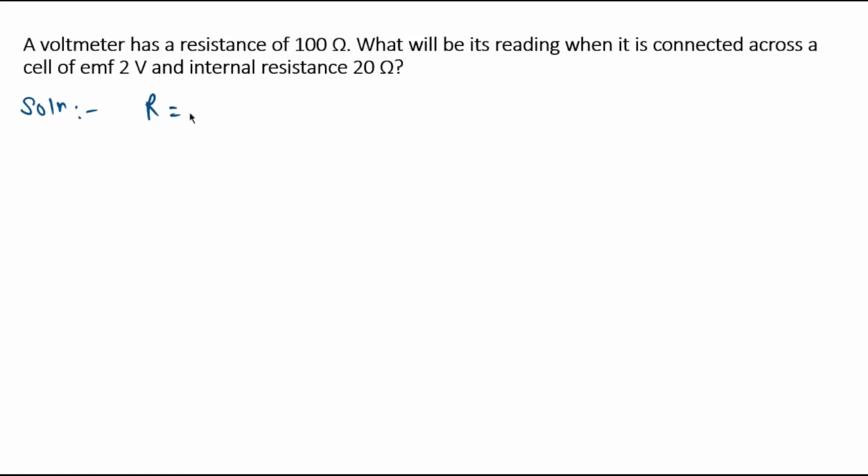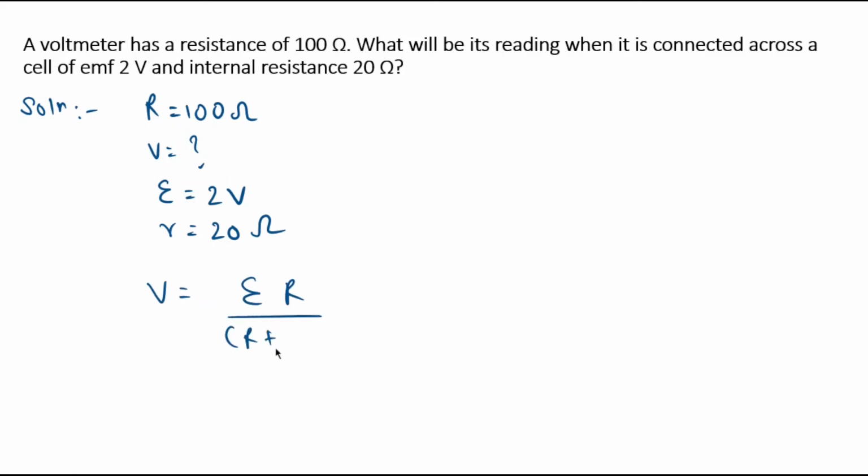The resistance of the voltmeter is given to us as 100 ohms, and we need to calculate the reading of the voltmeter, and the EMF is 2 volt and the internal resistance is 20 ohms. So we know the formula for V, which is equal to E R upon R plus r.